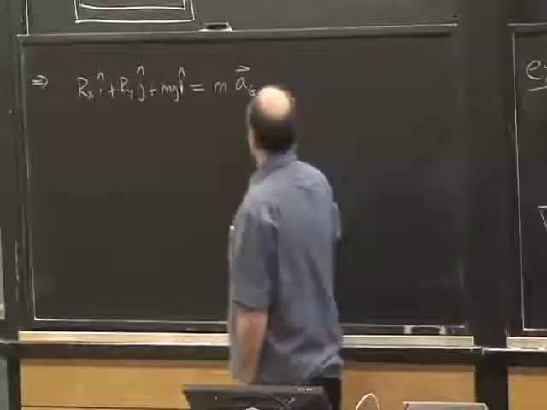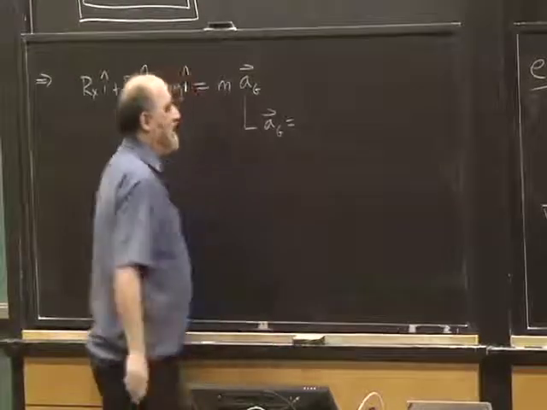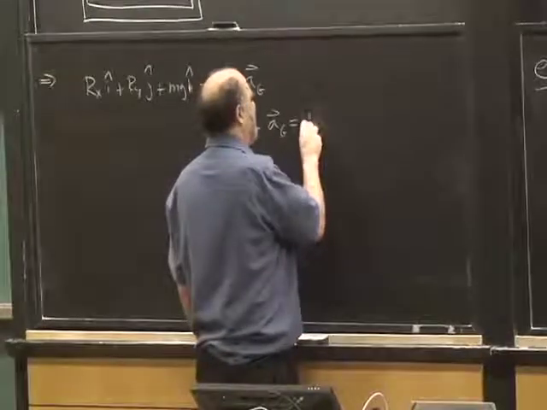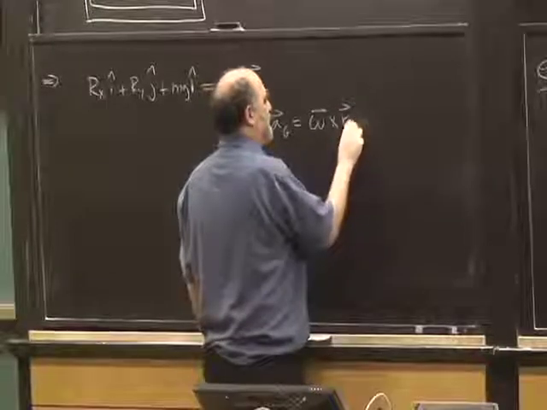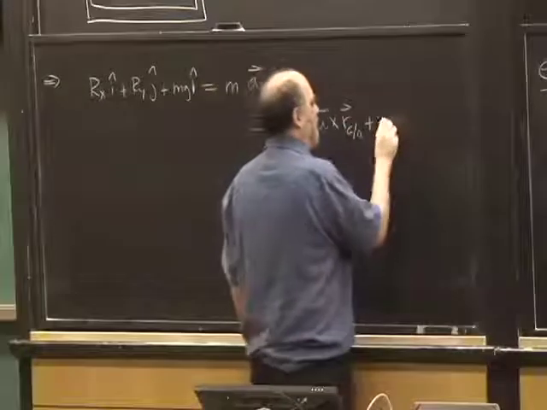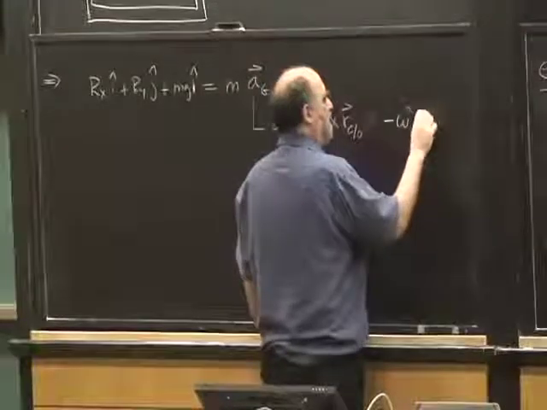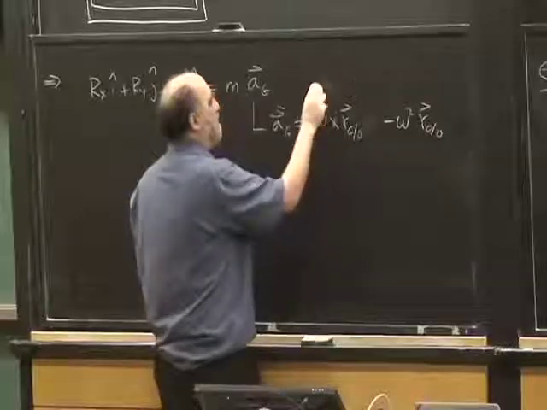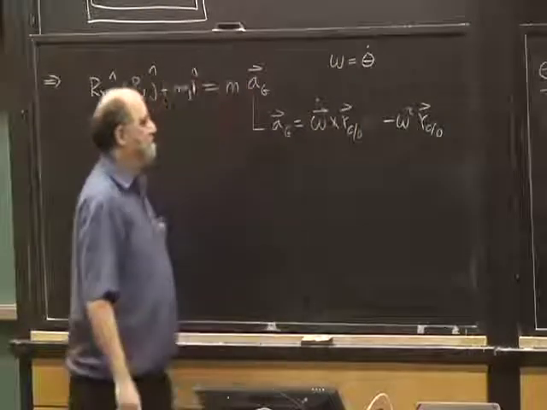Okay, so let's work out what this thing is here. This acceleration of G is equal to, and now we get to plug in our formulas, omega dot cross the position of G with respect to O, plus or minus omega squared times the position of G with respect to O. And what do we mean by omega? Omega is this theta dot.